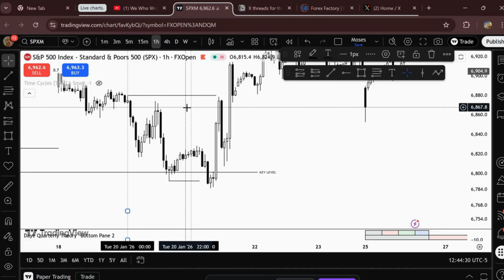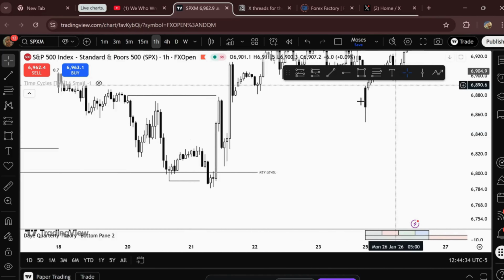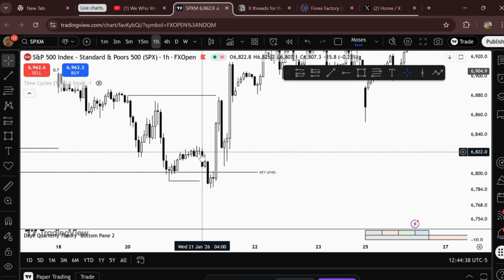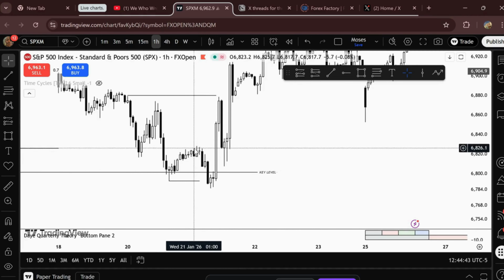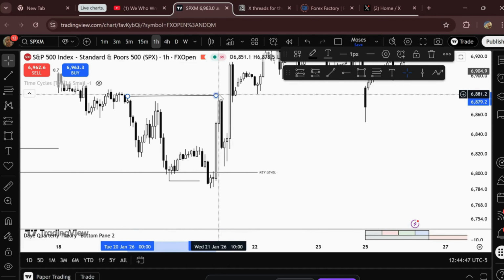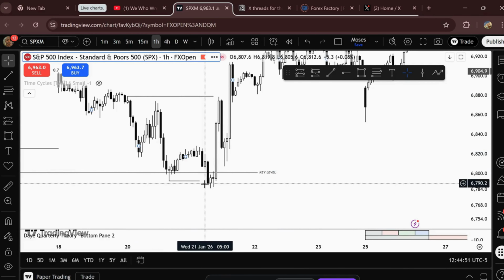Now, this reversal began on Wednesday the 21st. So we want to enter the market on Wednesday. Let us assume that we did not participate in price action on Tuesday when price traded into this key level.